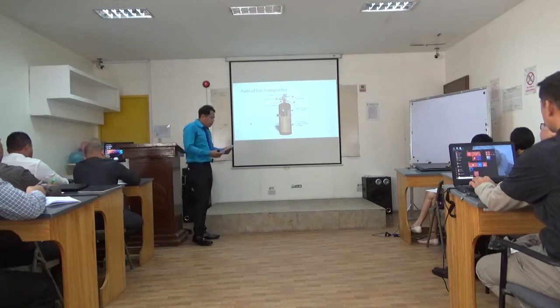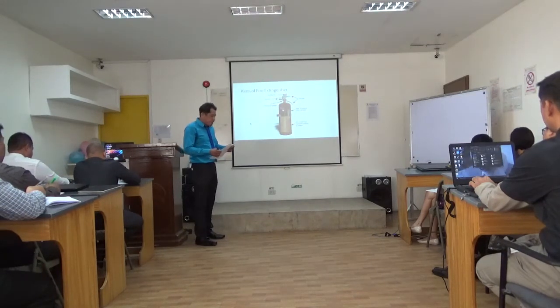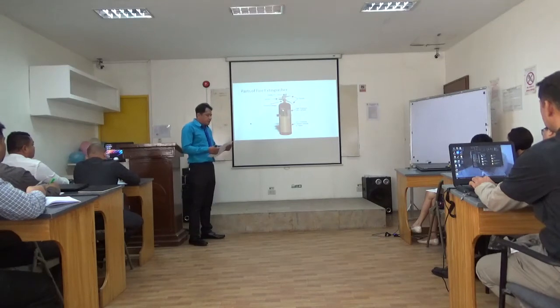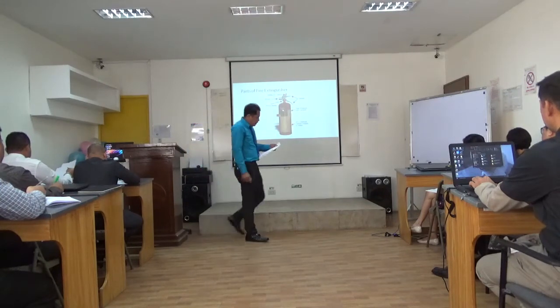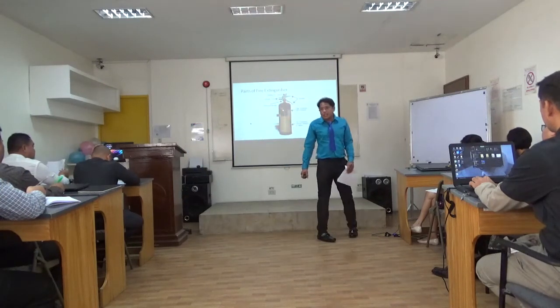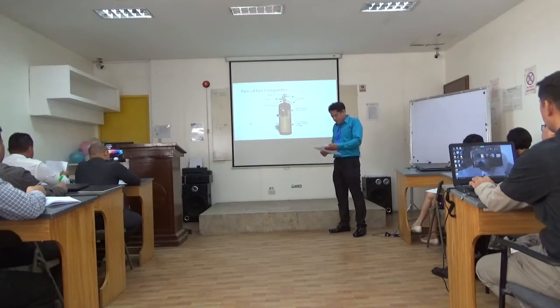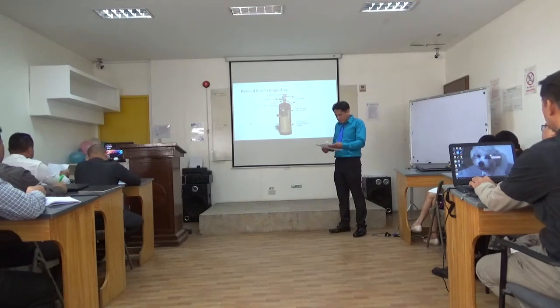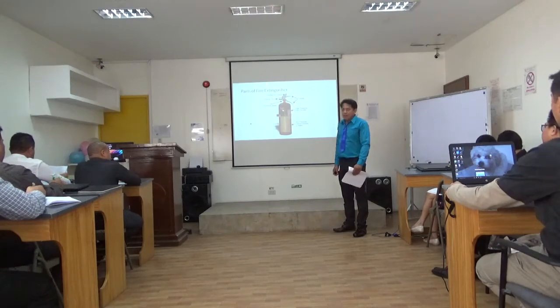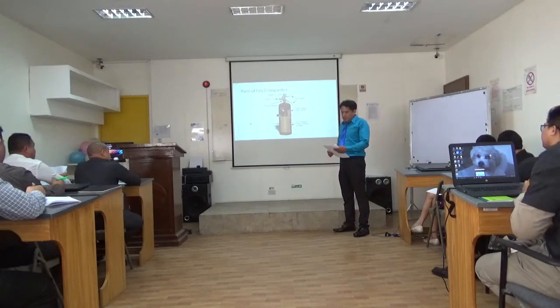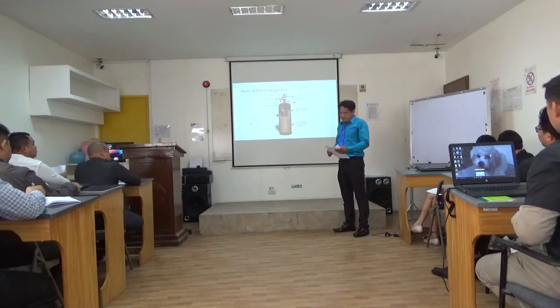And then, before I discuss the 5 kinds of fire extinguisher, I discuss first the class of fire. We have 6 kinds of fire. The number 1 is a class A fire.